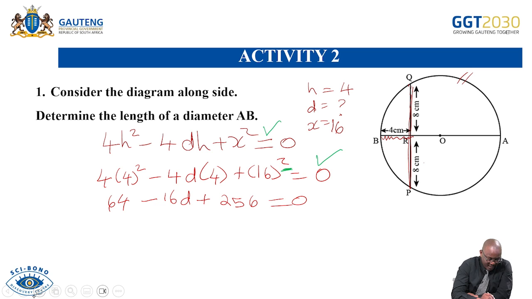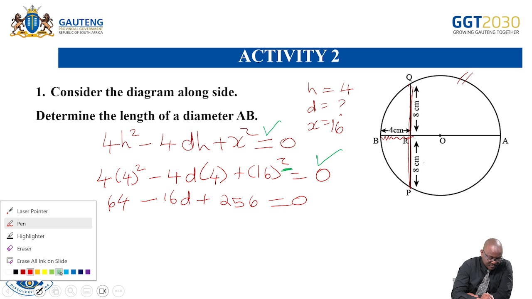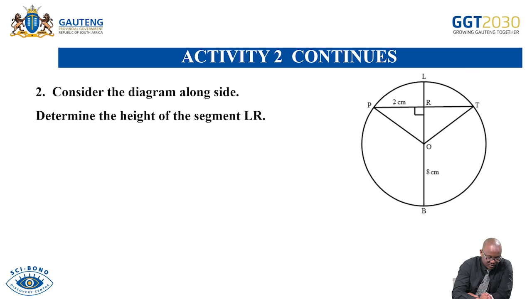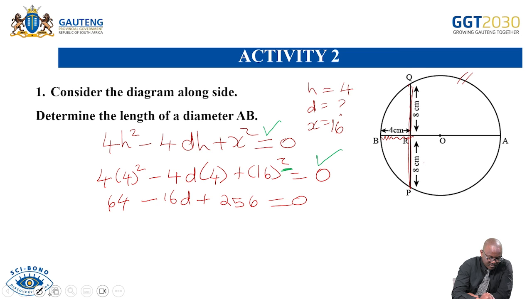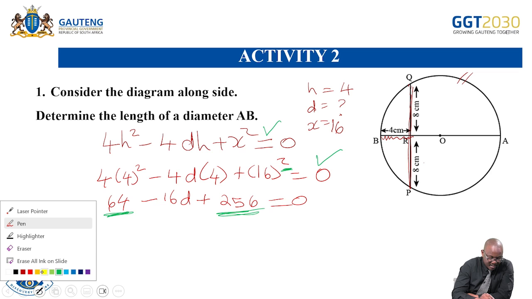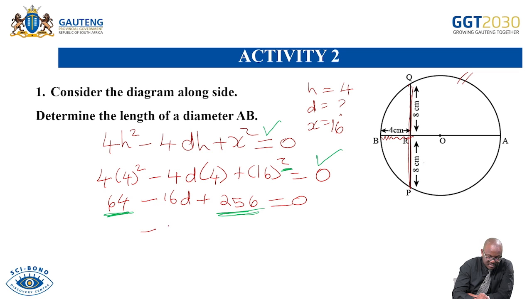So now we have the like terms. You are having the constants 64 and 256. We're going to add them together and transpose them to the right hand side. So we're going to have negative 16d equal to, 256 plus 16, you are going to get 272.